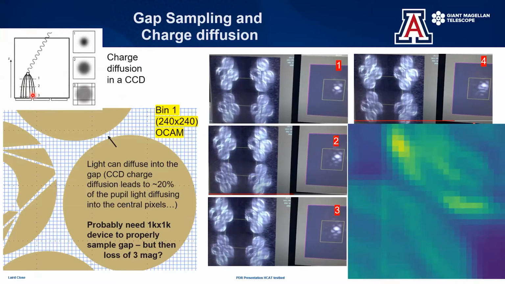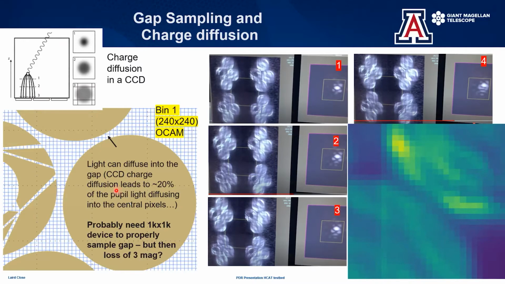And so you always get a little bit of crosstalk between the individual pixels. And this manifests itself as a pixel response function. The problem here is that we're really trying to rely on these gap pixels, the pixels between the segments, for the majority of the pyramid signal.